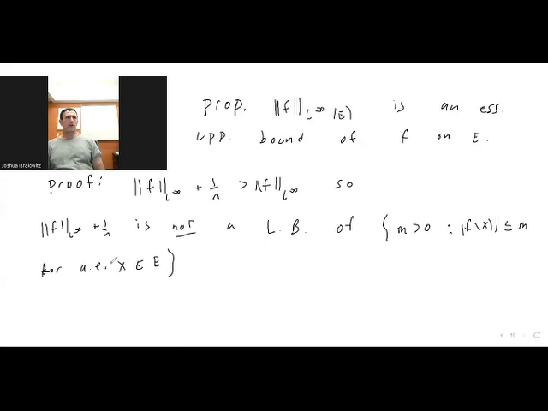All right, so all we do is look at the definition. This is a nice little introduction to what you have to do whenever you want to prove things about the L infinity norm. It's usually not hard. You just have to play around with countable unions of sets of measure zero, which we know still has measure zero. Okay, so this is not a lower bound of the set.